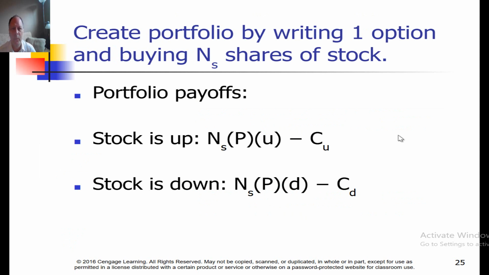How the binomial pricing model works is we create a portfolio by writing one option and buying N shares of stock. So the portfolio then has 2 possible payoffs. If the stock price goes up, then we're going to get the up value times the number of shares times the initial price.